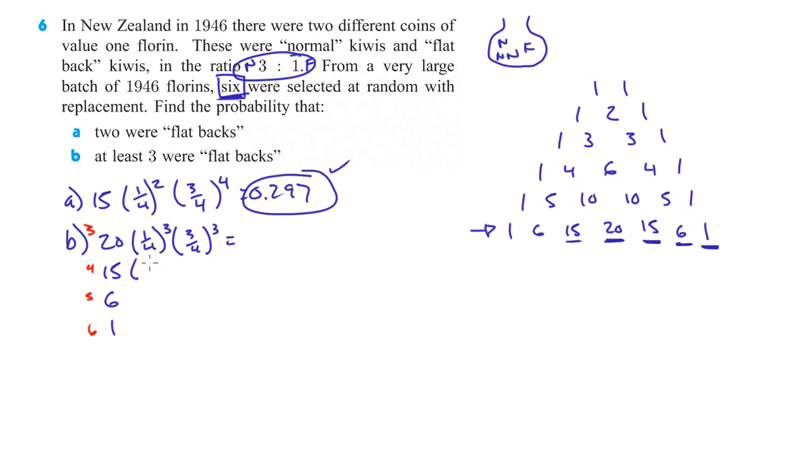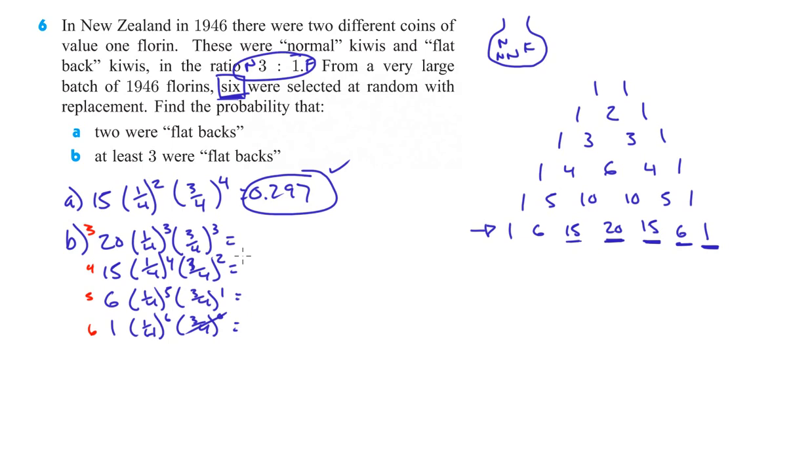This is going to be 4 desired outcomes, so 1/4 to the 4, and the other 2 are going to be 3/4. And then this can be 5, so 1/4 to the 5th times 3/4 to the 1st. And this is going to be all 6, so 1/4 to the 6th power times 3/4 to the 0 power, which just turns that into 1.